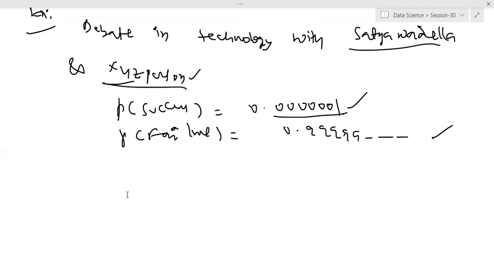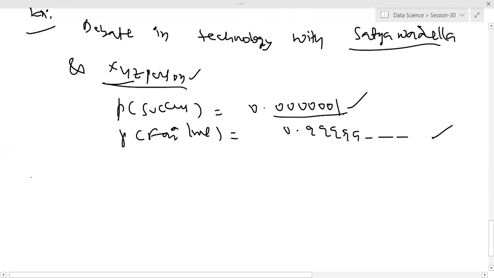Actually, there is no dependency also. It is a one-shot. Either it should be a 0 or it should be a 1. That's it. It should be a success or it should be a failure. That is perfectly all right.